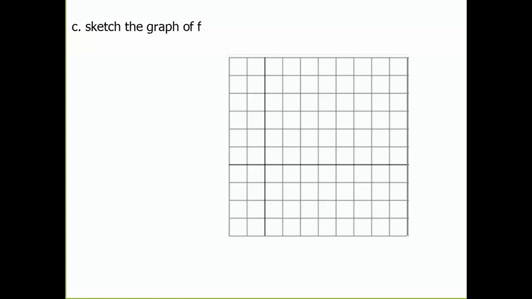So I know at x equals 0, my graph has a repeated root on its derivative.